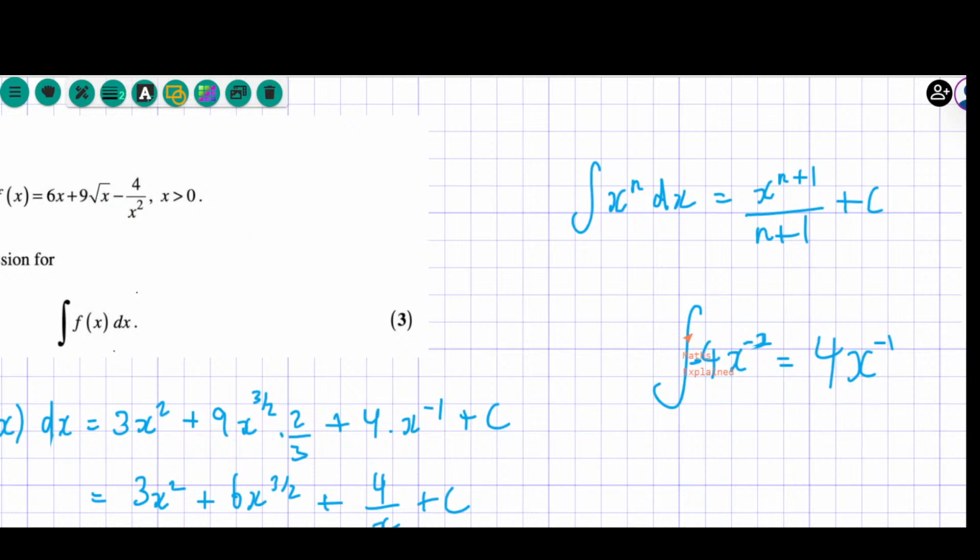So I guess the main step there is to recognize that 4 over x squared you can write as 4x to the power of -2. For sure. You could even break it down to be 4 multiplied by 1 over x squared, and then go from there. That's the way I see it. That's a pretty brilliant skill to be aware of, I think.